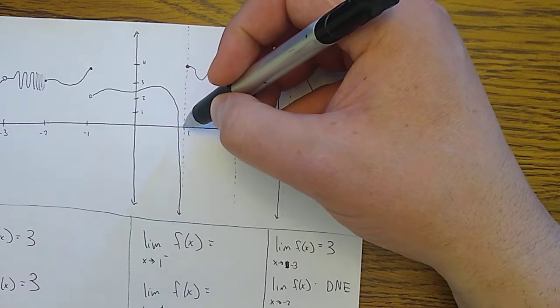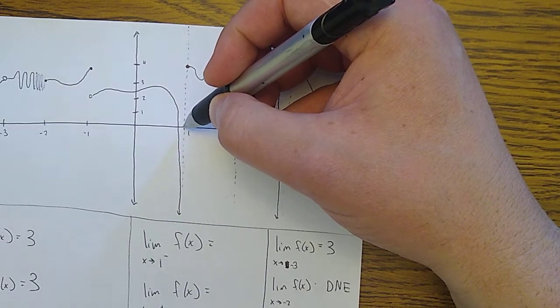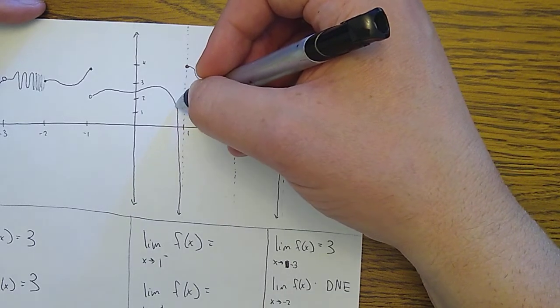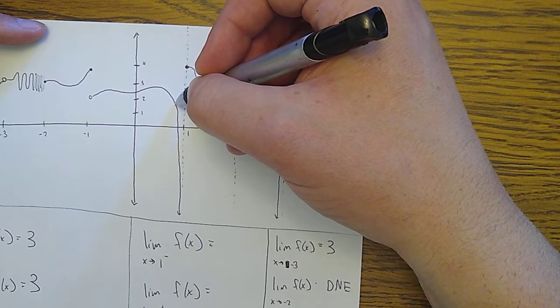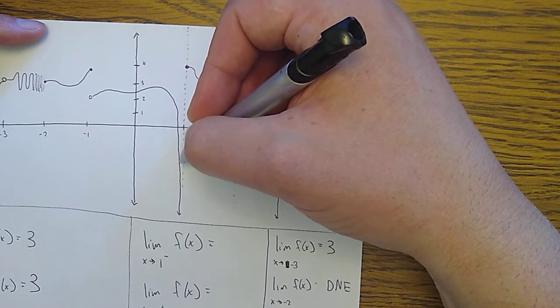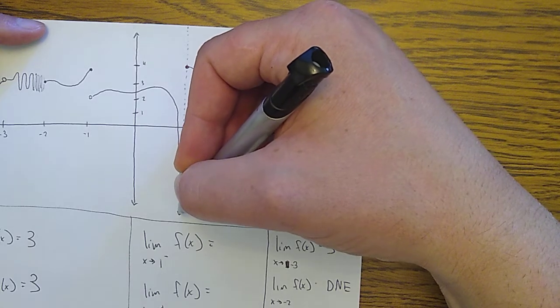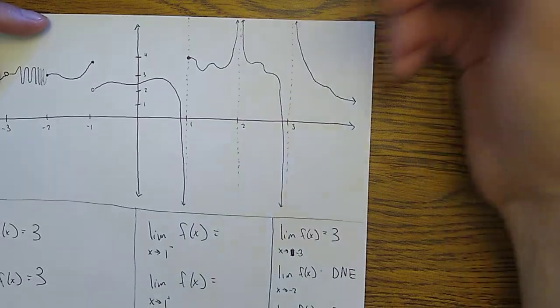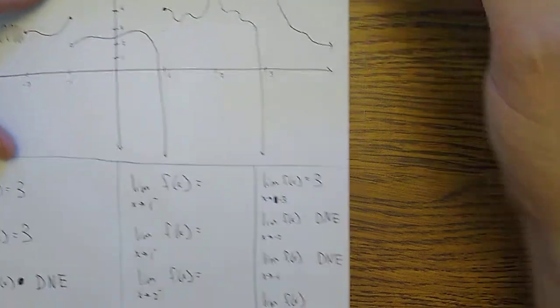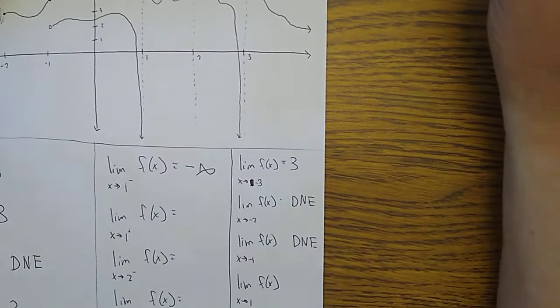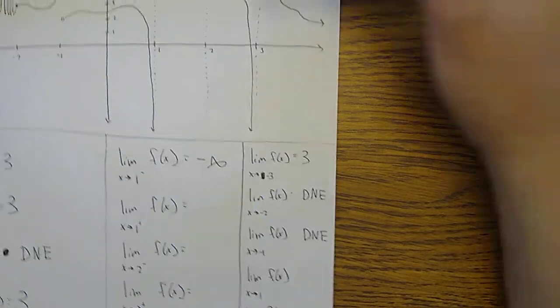So actually, if I try to approach 1 from the left, so I'll choose a value that's slightly to the left of 1, and I'll just put my pen on the graph and start moving towards 1, I find myself going down and down and down, and it looks like I'm going down forever. This is something that we haven't seen before. This is an example. I would say this limit is -infinity.